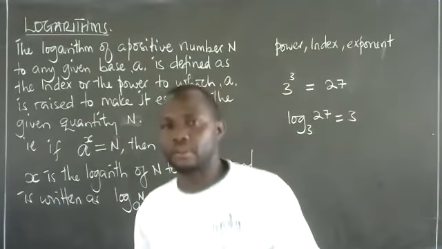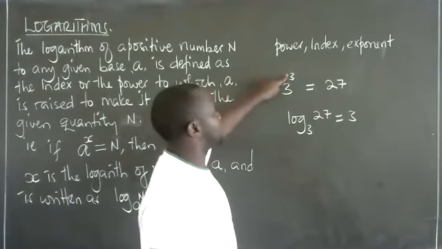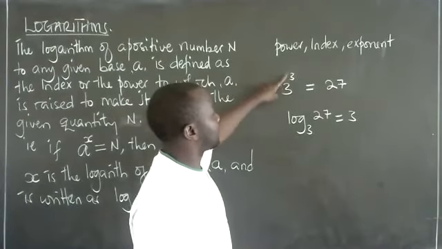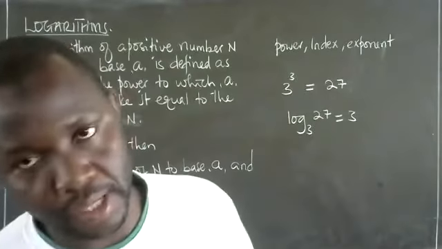All those words mean the same. This one can be 3 exponent 3, or 3 power 3, or 3 to the index 3. So any of those words will be meaning the same.